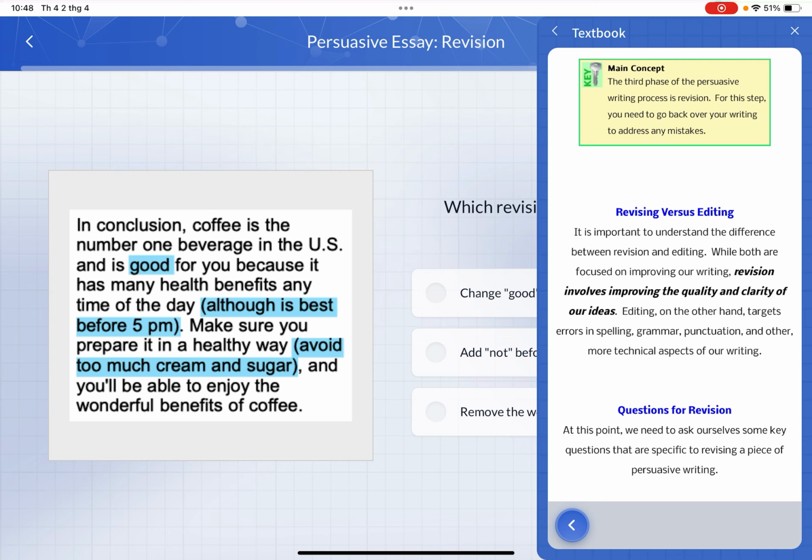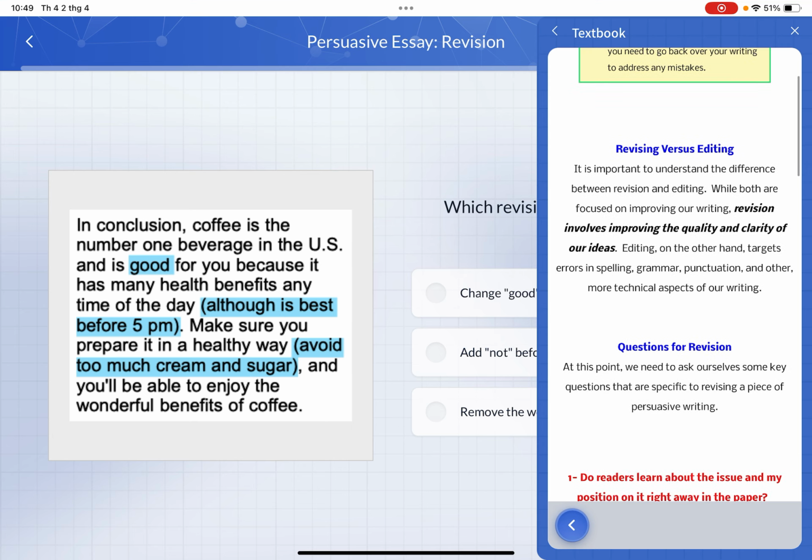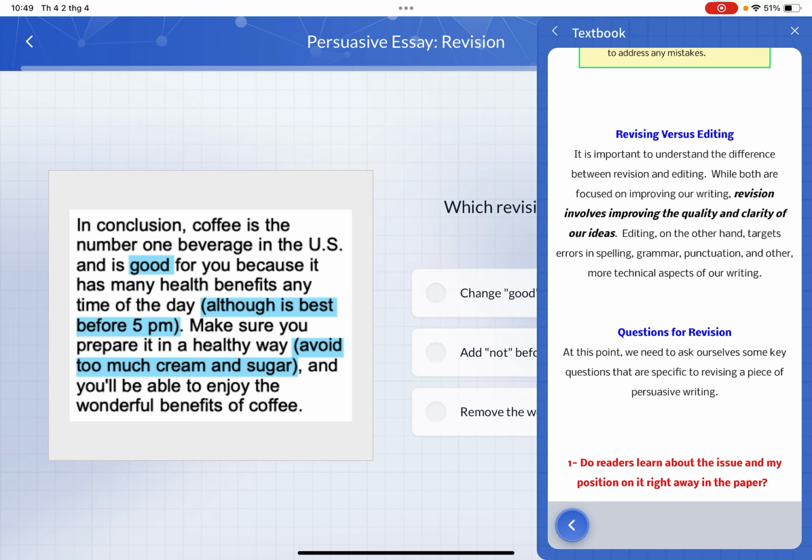But editing, on the other hand, targets finding errors in grammar and spelling and punctuation. Revision is quite different. It improves the quality of our ideas, of how we draft down our ideas.